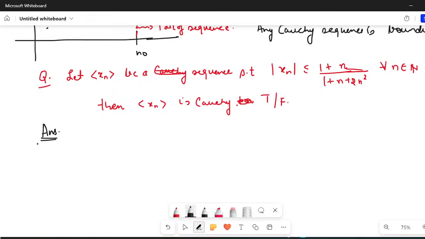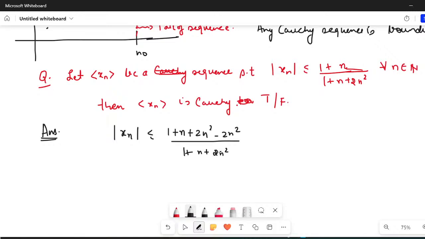Okay, so I don't think anybody has got any answer to this. Let me solve it for you. See, the modulus of xn is less than or equal to (1 plus n) divided by (1 plus n plus 2n square). So what should I do? I will write it in this fashion. Modulus of xn is less than or equal to (1 plus n plus 2n square) minus 2n square, divided by (1 plus n plus 2n square).